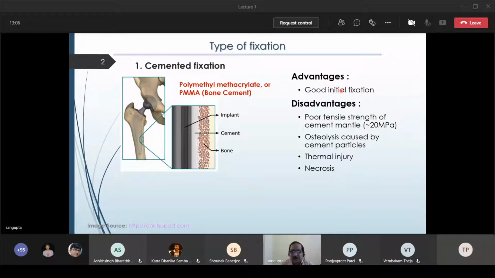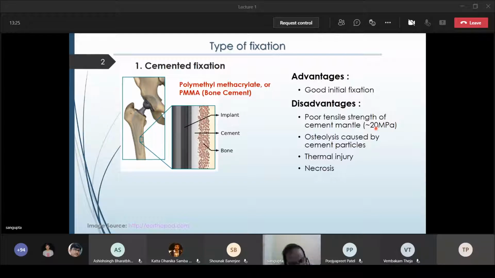Now, bone cement, similar to building material cement, has a very low tensile strength. Okay, around 20 MPa, but this is the static strength.